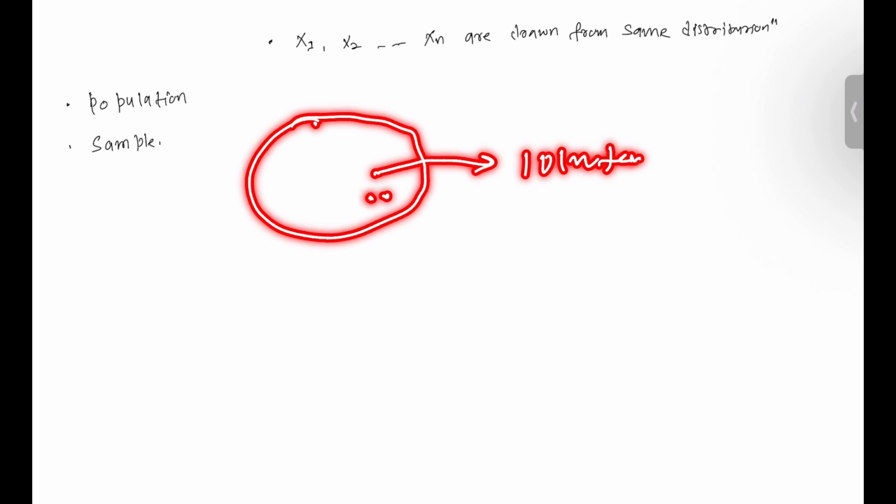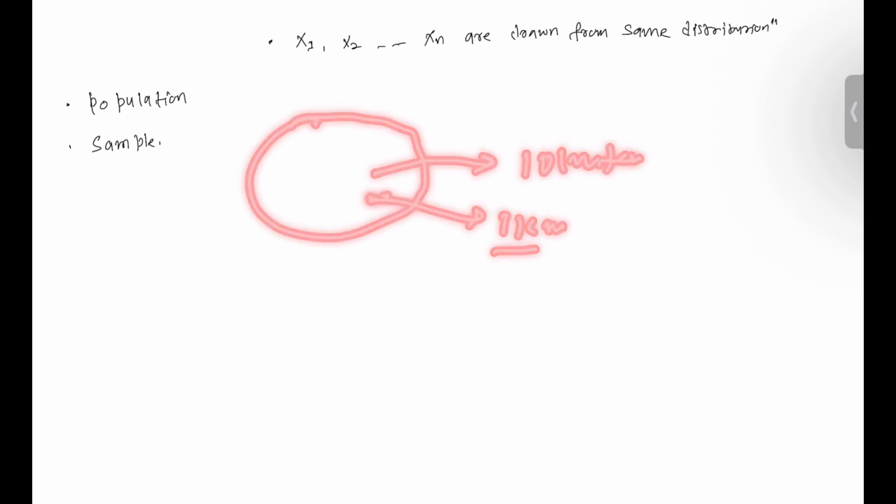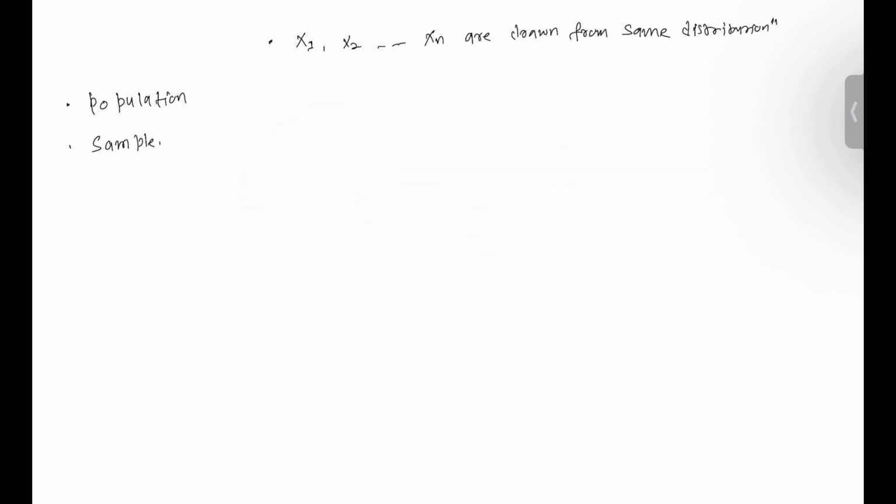Next time you sample, maybe you get a flower that is 11 centimeters, and another time maybe 9.5 centimeters. Every time you sample, the value might change. That's the randomness, and we capture this variability by calling them random variables.